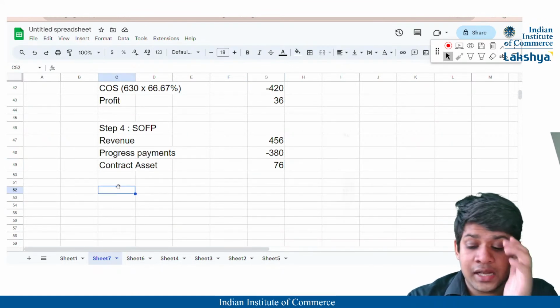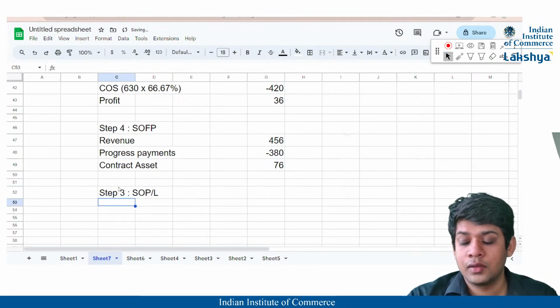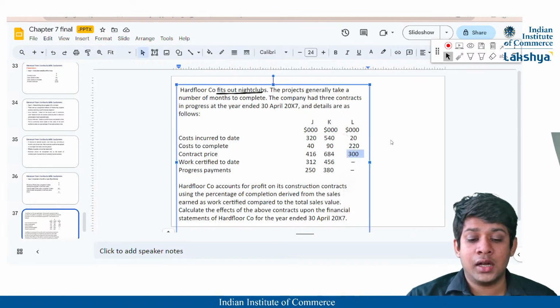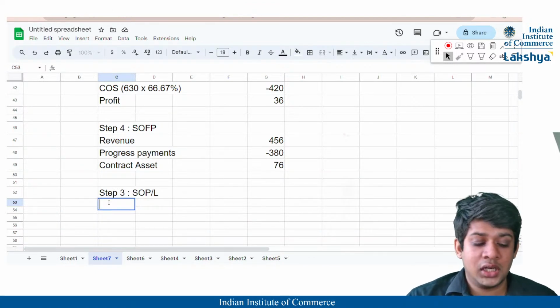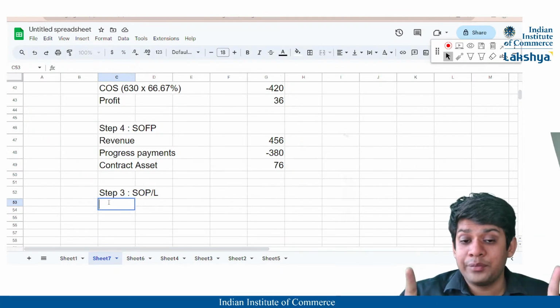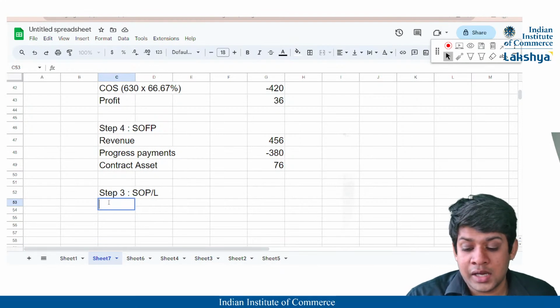Now as per the last example guys, my step 3, that is statement of profit or loss. The total contract price is 300, correct? So technically I would have done 300 into the progress percentage, but guys, here our progress percentage is unknown. So how will we recognize, correct?